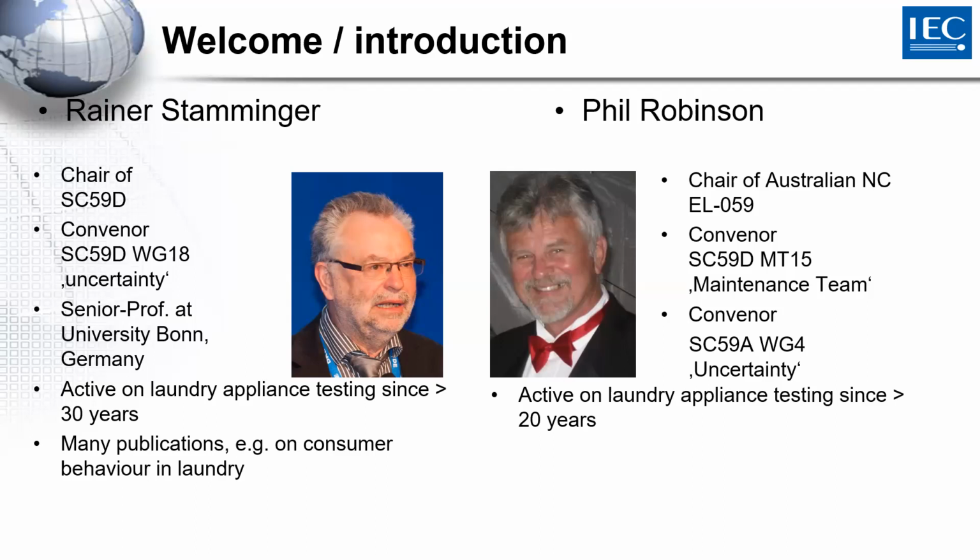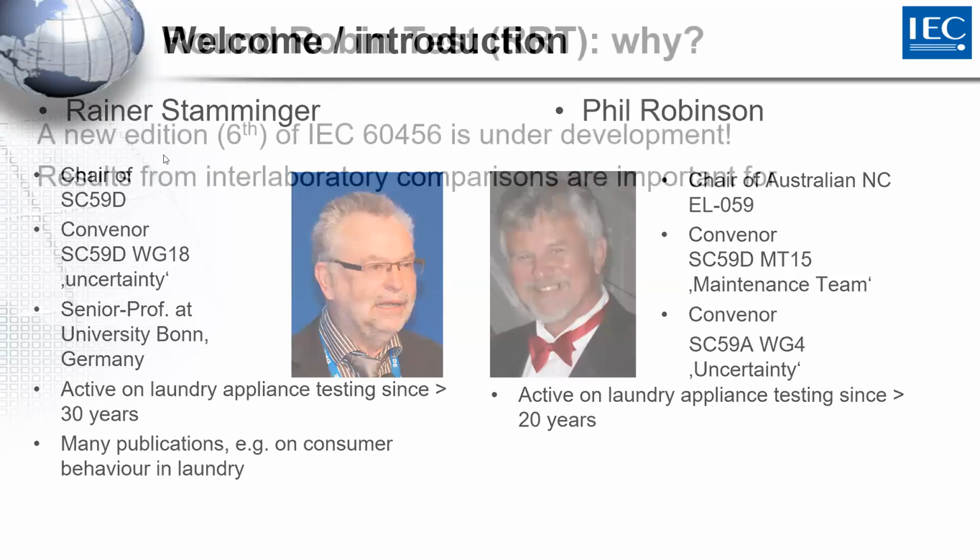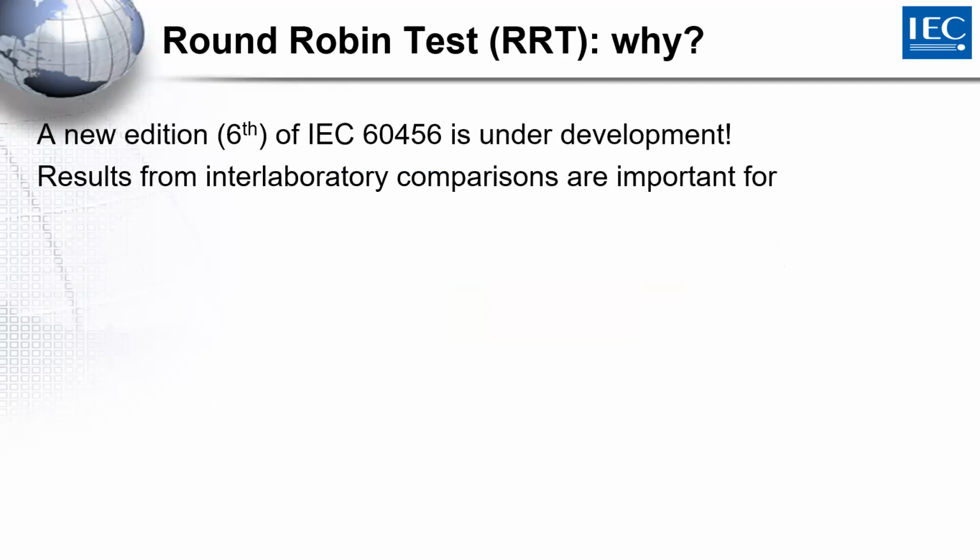So yes, let's go into details. The first question is, why do we do a round robin test at all? Round robin test is a special term which is well designed and well practiced, and it is always done to make interlaboratory comparisons. We do this now for this new standard of the 6456 standard.